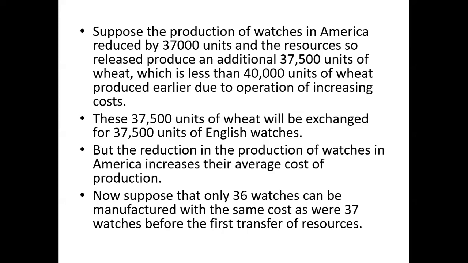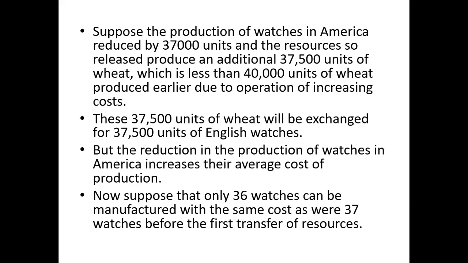Suppose the production of watches in America is reduced by 37 units and the resources so released are used to produce an additional unit of wheat, 37,500, which is less than the 40,000 units of wheat already produced, due to the operation of increasing cost. These 37,500 units of wheat will again be exchanged for 37,500 units of English watches, since the exchange ratio is 1:1.